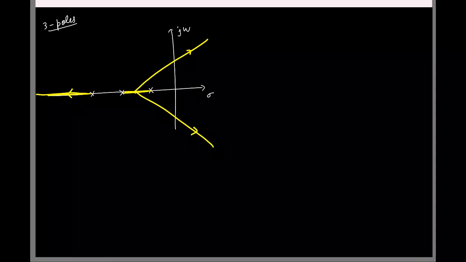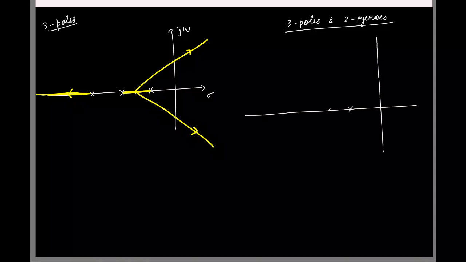Cool. So now let me take one last case. I'll have say 3 poles and 2 zeros. So again, first let's look at the real axis portion.